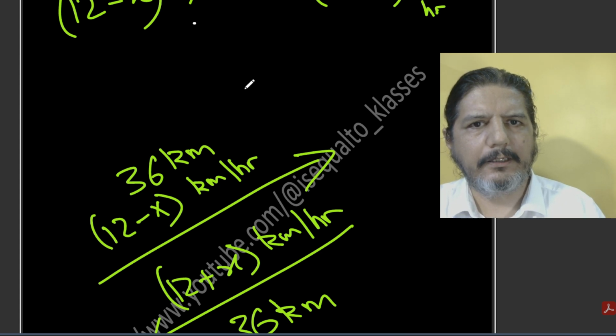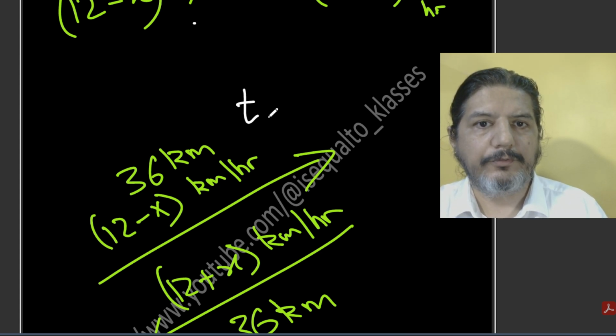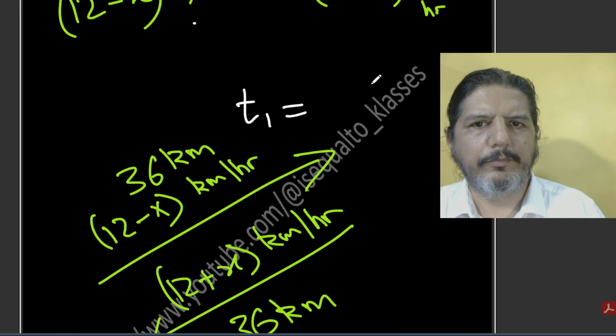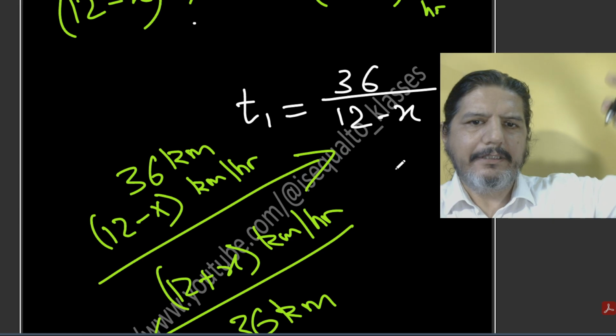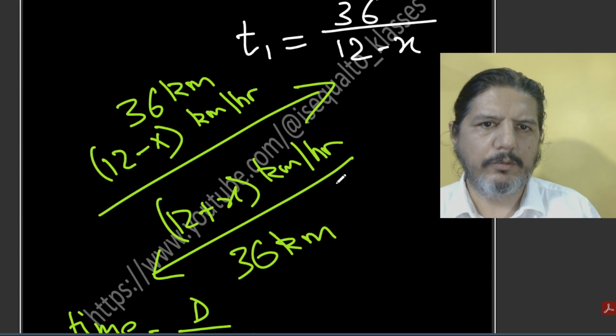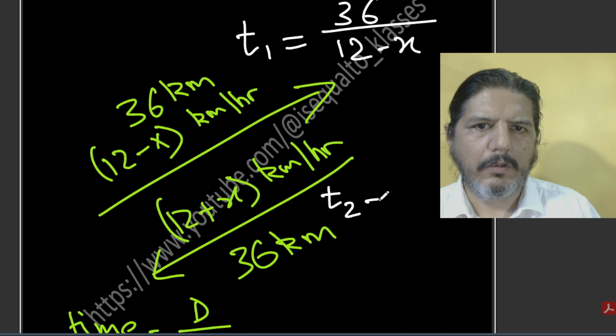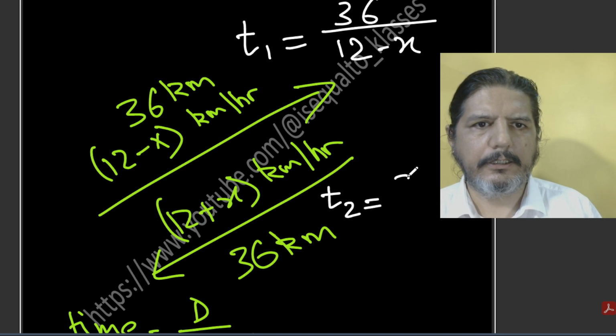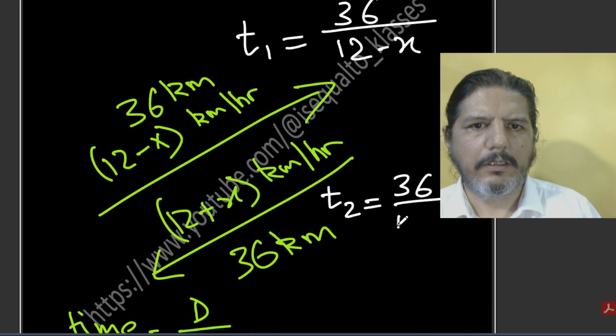So the time taken upstream, let me call this T1, would be 36 upon 12 minus x. And when he is now flowing with the stream, this T2 would be equal to 36 upon 12 plus x.